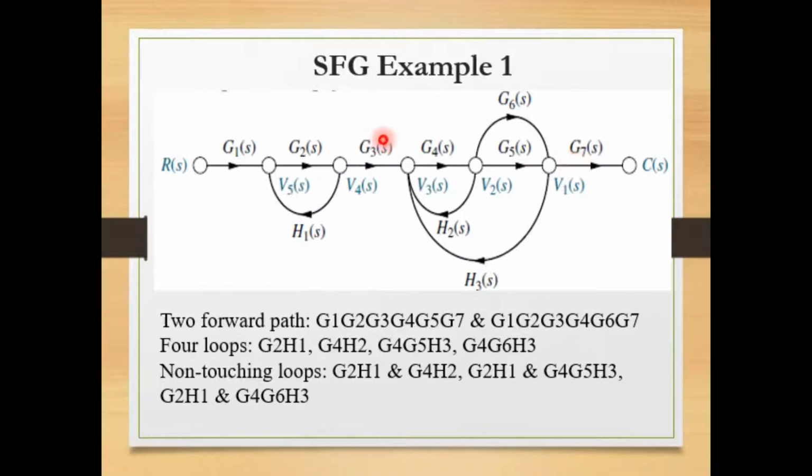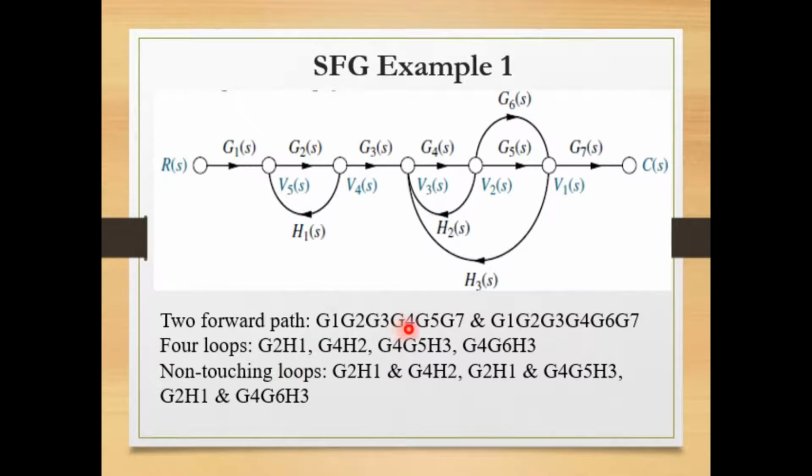Next, the second forward path is along G1, G2, G3, G4, G6 and G7. Directly from V2 to V1 we have the second branch, that is G6. So our second forward path is along R, V5, V4, V3, V2, but the path gain changes; now it is G6, G7.